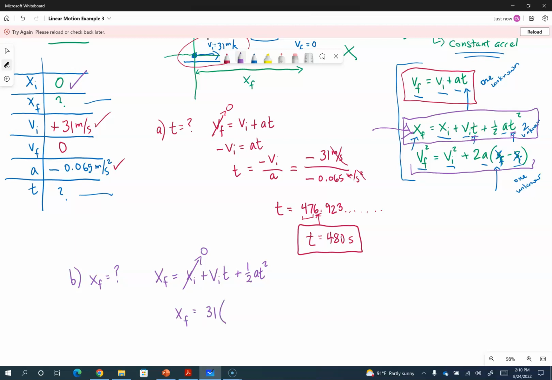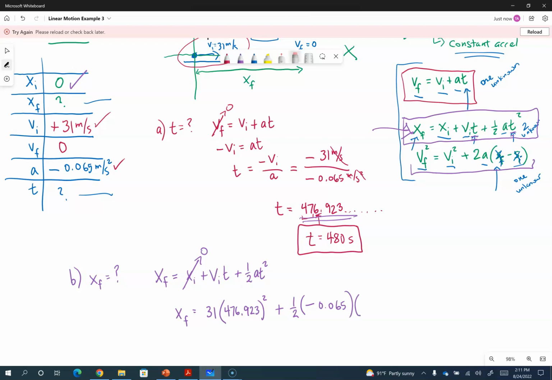The time, I'm not going to use the rounded value of time because that will give me rounding errors as I solve for x final. So I'm going to use this longer digit and plug that in for t. And that will be the case for time in both places.